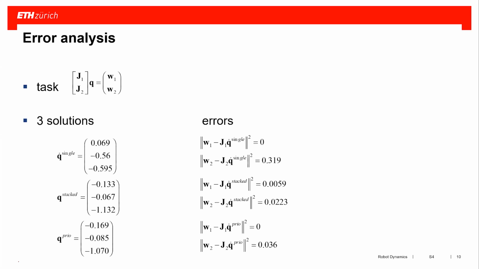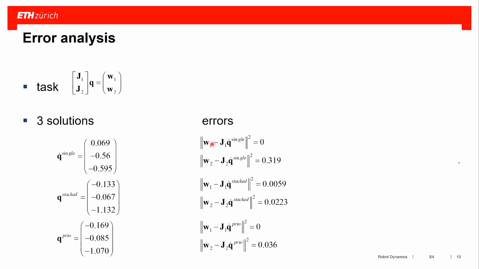So let's have a look at the first, this Q signal. This essentially tried to satisfy task 1. It didn't care about task 2 at all. All it cared about was minimizing the Q dot which satisfies this first task.